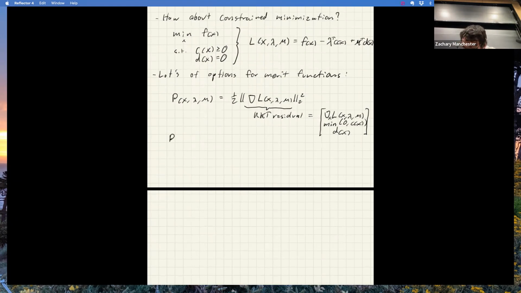Another one we can do is objective plus some norm on the constraint violations. So this is pretty intuitive also, right? And again, the most common norm is the one norm for these things, but any norm works.